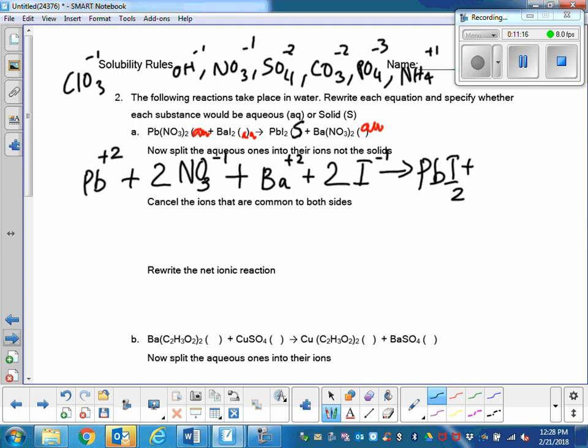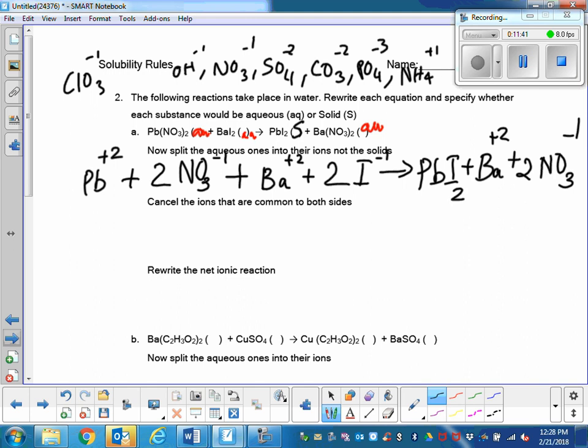Plus, what is the charge on barium again? Plus 2. And how many nitrates do I have? 2. And what is the charge on nitrate? Negative 1. Do you understand this step? Do you understand what I'm doing? Okay.